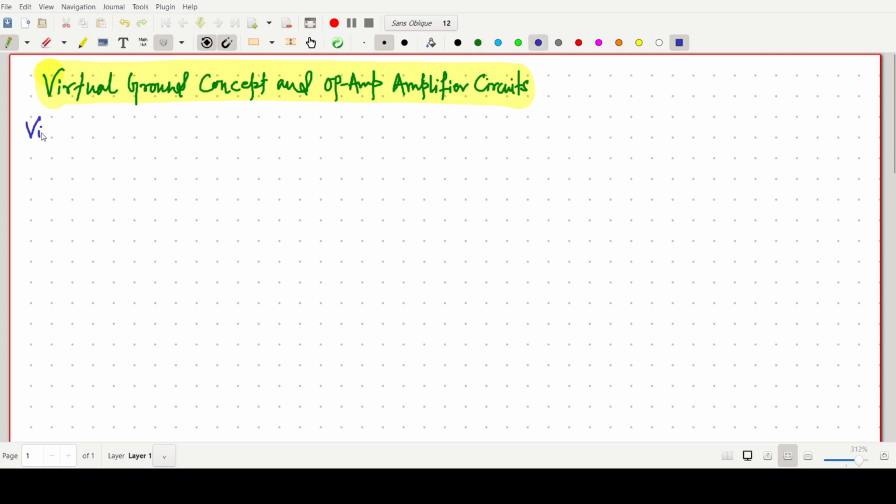So basically, this virtual ground is nothing but simply when there is a differential input between the two inputs.